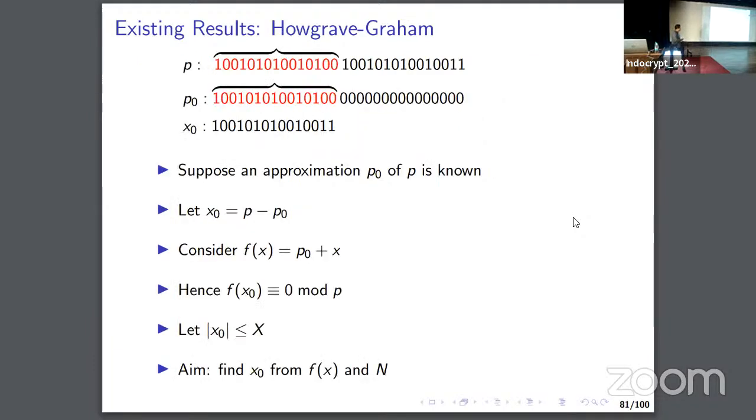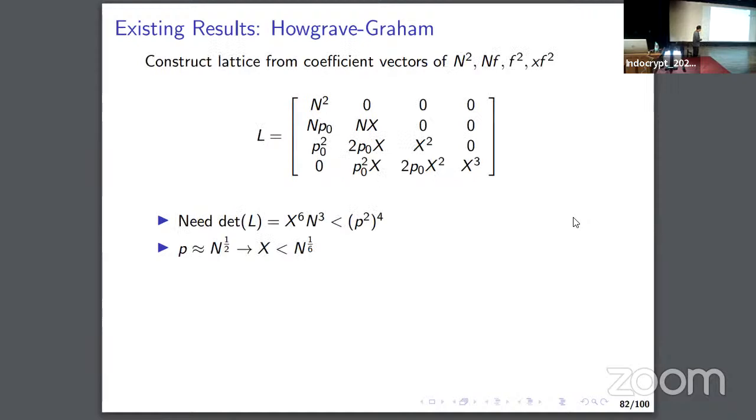So if P is like this, and if you know this portion, we can find the remaining portion whenever that remaining portion is less than N to the power 1/6 using this lattice.